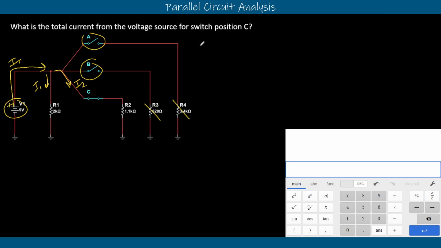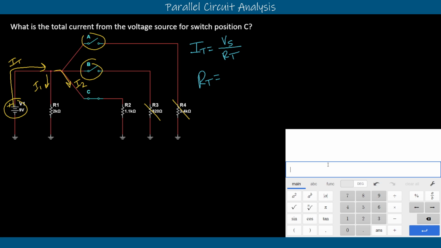So we can go after our IT again. We say that IT is equal to our voltage source divided by our RT, and we are going to evaluate RT first. So our RT is the parallel combination of our 2K and our 1.1K. And so now let's try a different one. Last time we did the other two, right?